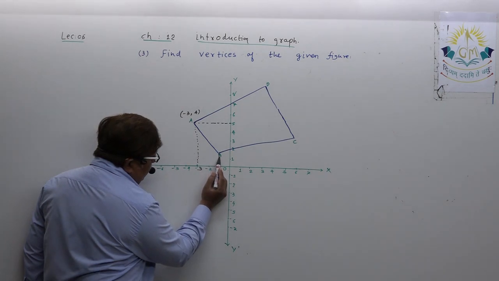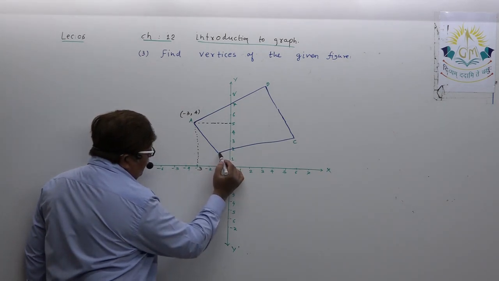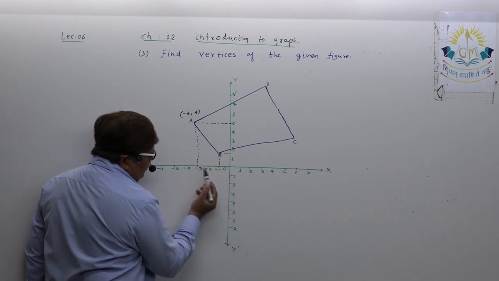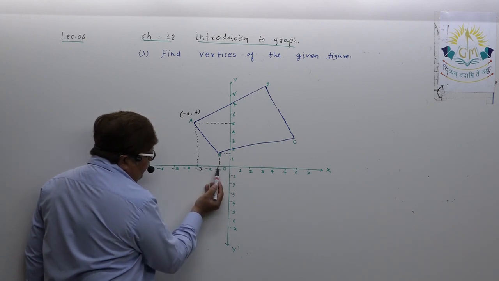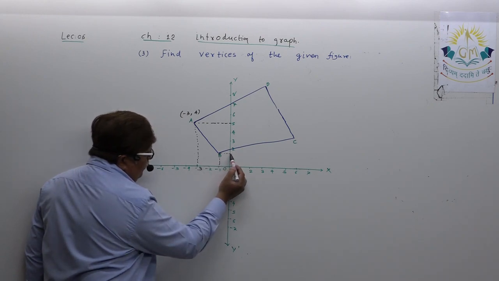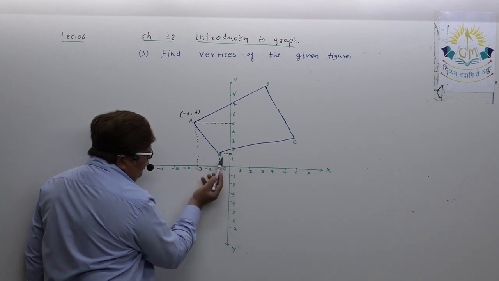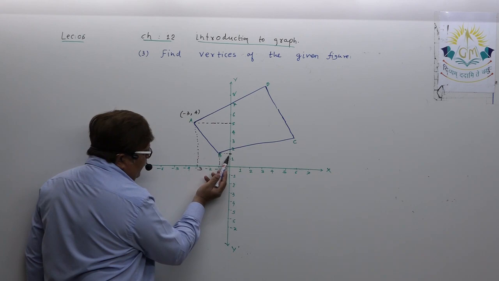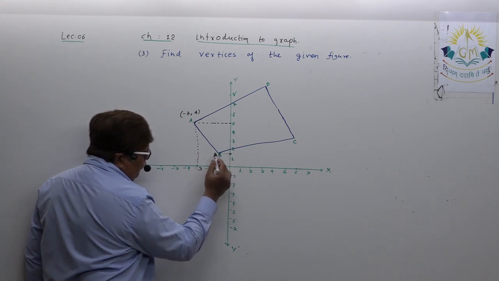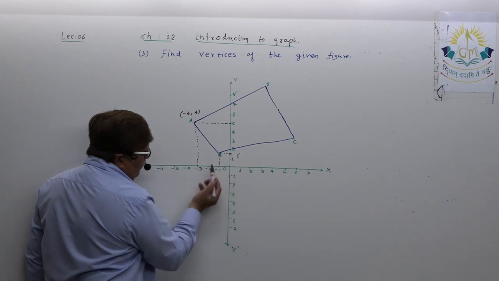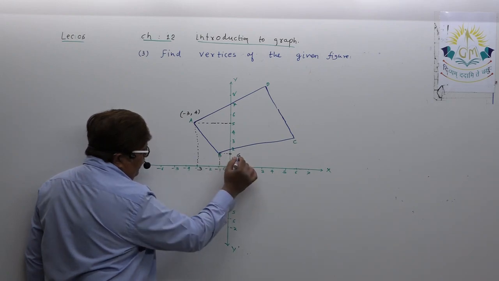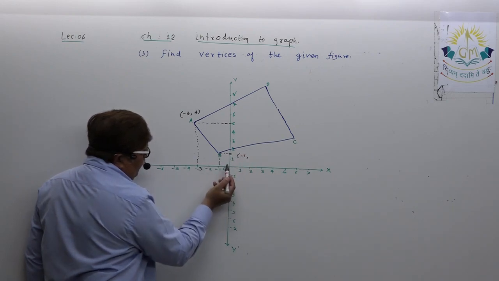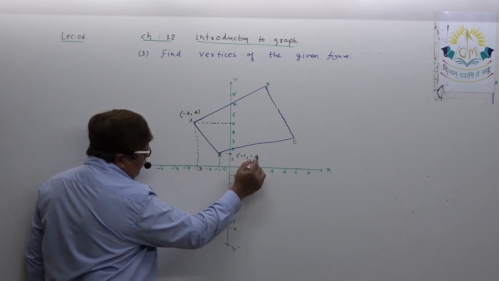B. Again one dotted line and one dotted line here. X coordinate -1, y coordinate is here exactly between 1 and 2. So I can say 1.5. Okay, so in B what should I write? X coordinate -1 and y coordinate 1.5.